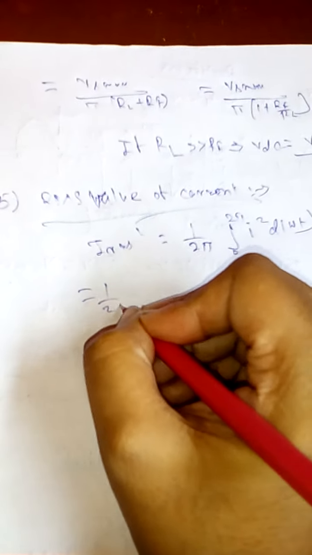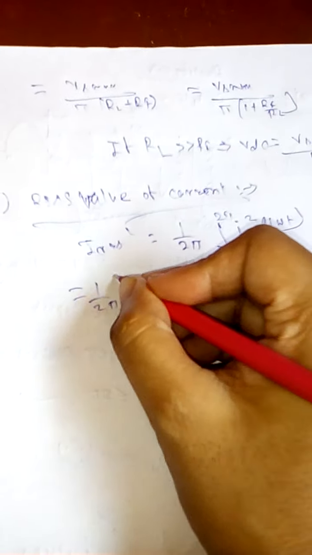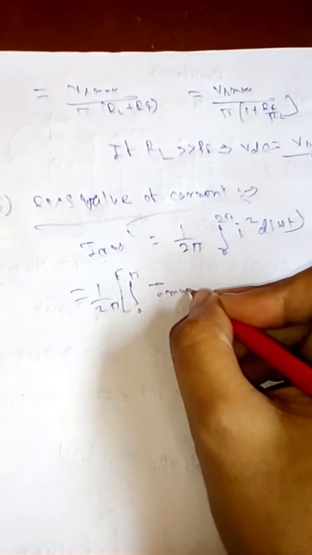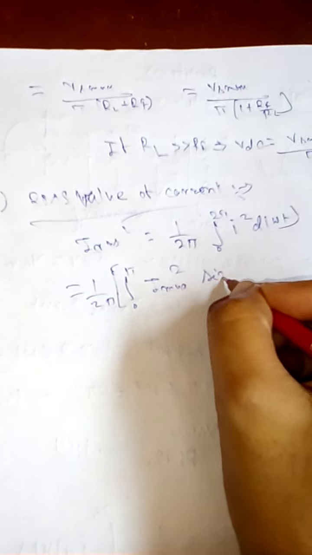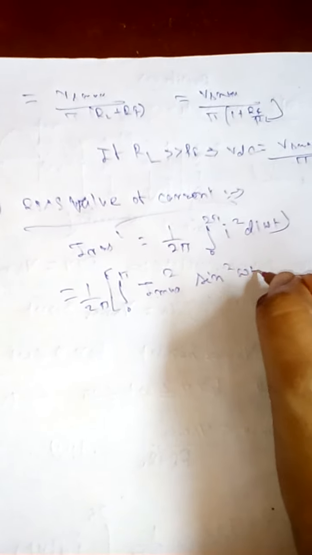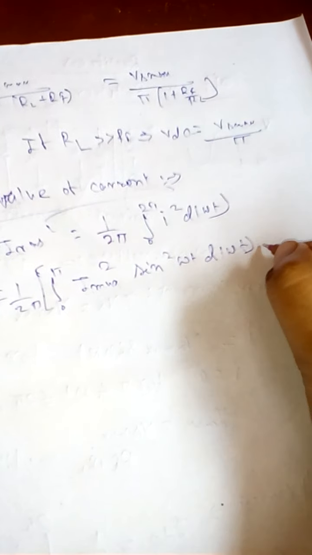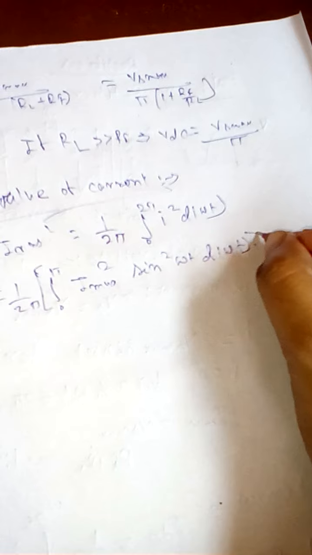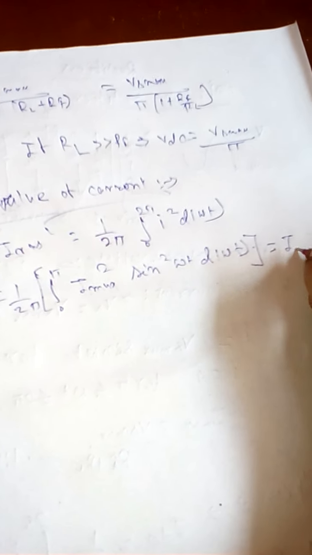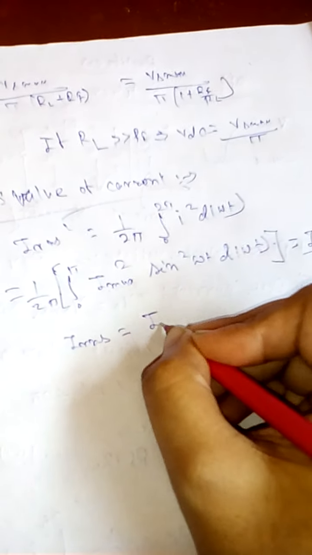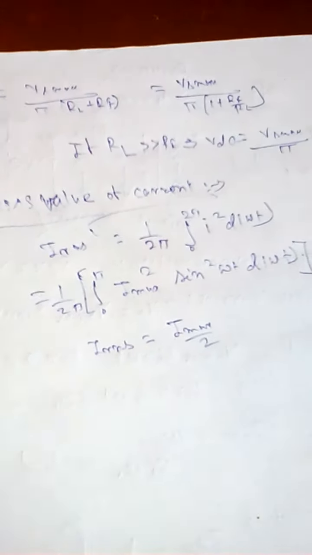So if we calculate 1 by 2 pi, integral from 0 to pi of I max square sin square omega t d omega t, we get I max square by 4. So I RMS is I max by 2.